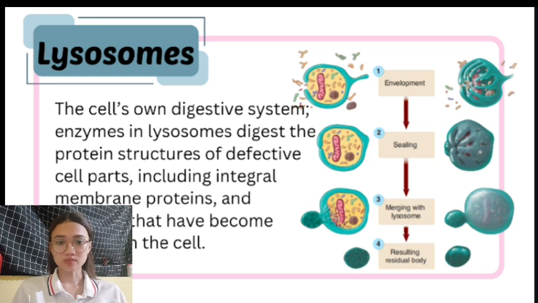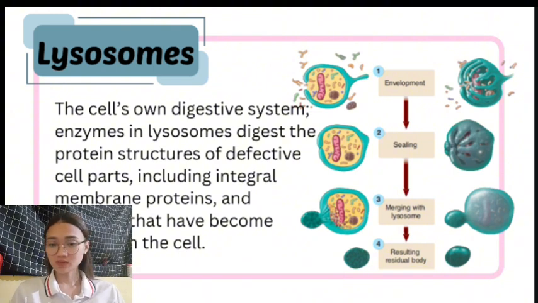Enzymes in lysosomes digest the protein structure of defective cell parts, including integral membrane proteins and particles that have become trapped in the cell. So, si lysosome ay tinatawag din na digestive system dahil naglalaman ito ng enzyme na tumutulong mag-digest o mag-breakdown ng ilang bahagi ng cells natin. So, katulad lang din siya kung paano tayo mag-digest ng food sa ating katawan.